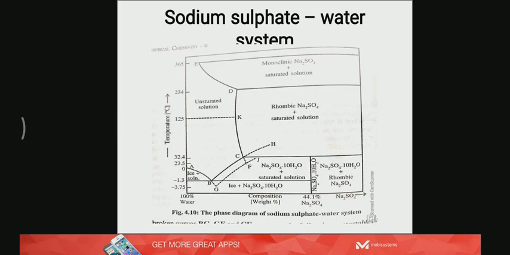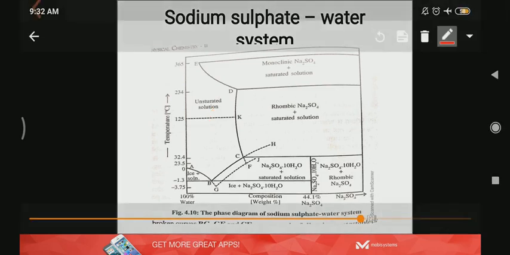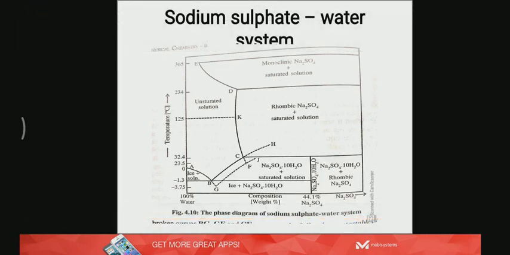Now what about the area enclosed or above the curves? That means this area. It's clear it represents a single phase, that is the unsaturated solution or the liquid phase only, so that the system will be bivariant there, because F equals 2 minus 1 plus 1, so F equals 2.